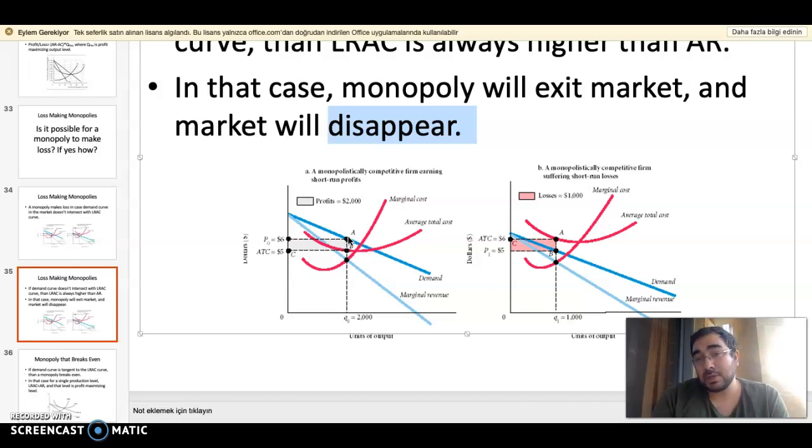And when, at least for some quantities, average revenue is more than average cost, that would mean you will make profit.